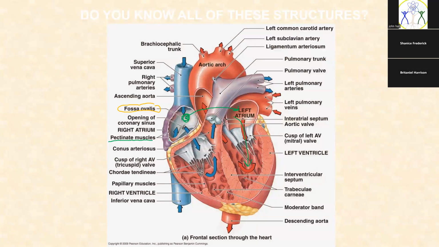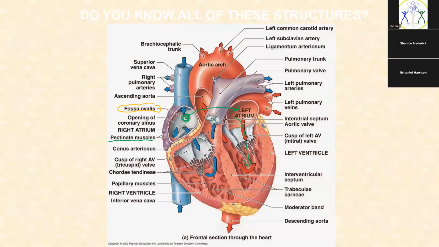The entire wall of the right atrium isn't very thick, but it does have these little bands of muscle just to help out, right? You can imagine when you're running for your life, or you're running a marathon or a race, your heart needs to be pumping faster, so the right atrium has to be squeezing blood out rapidly. The pectinate muscles are very helpful for squeezing out that blood, right?